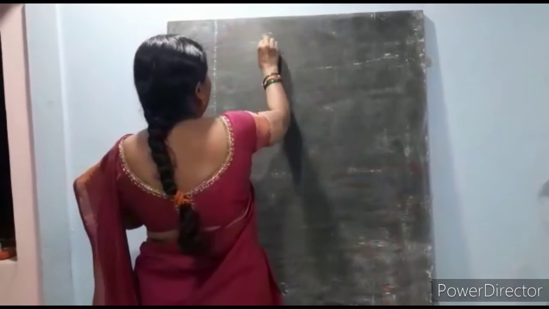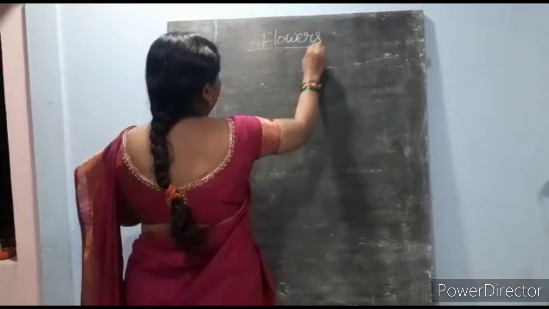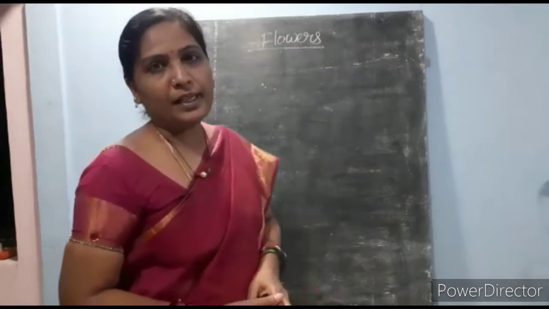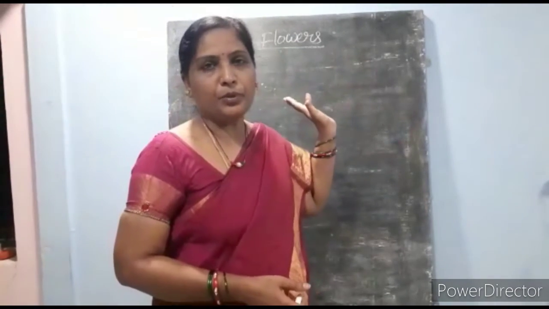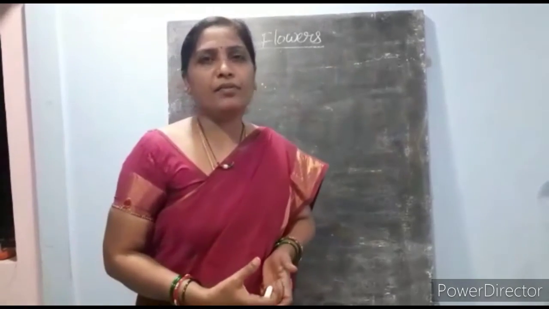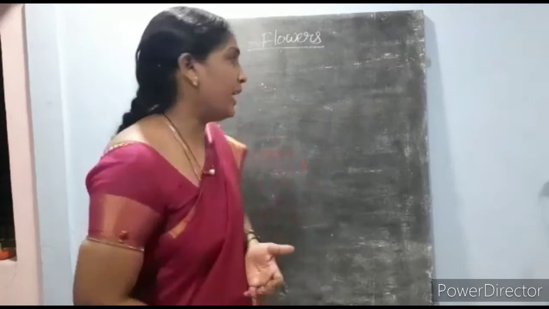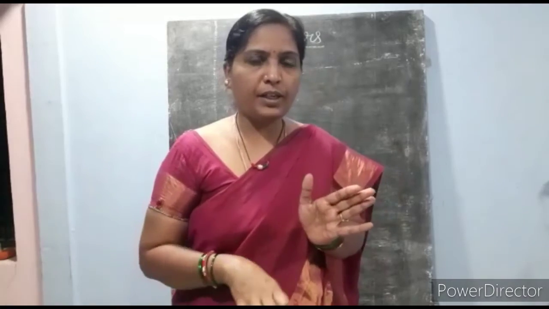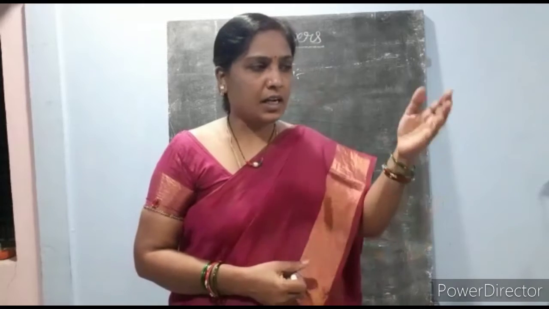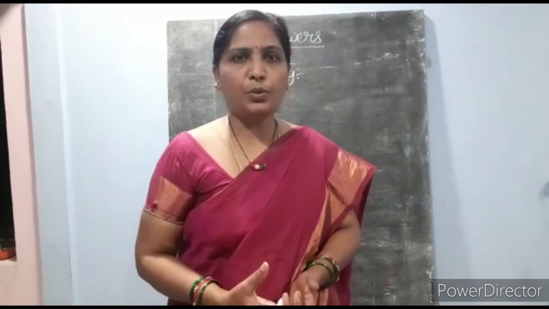So in today's class, we are going to discuss flowers. In getting to know about plants, today we are going to discuss flowers. Before understanding the parts present in a flower and the functions of the flower, you are going to do one activity. You just go for a nature walk or go near a flowering plant in your home.